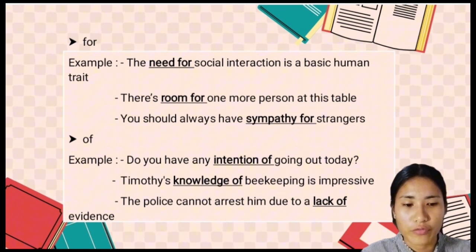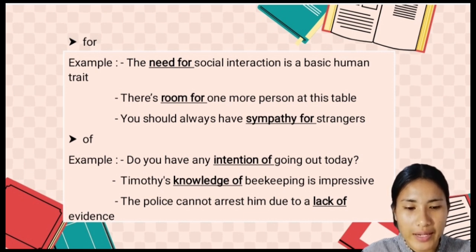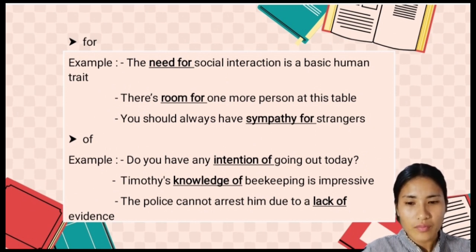Alright, here the preposition for. Let's see the examples. The need for social interaction is a basic human trait. There's room for one more person at this table. And the last one is you should always have sympathy for strangers.